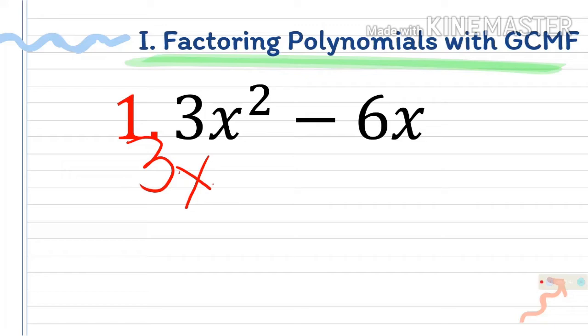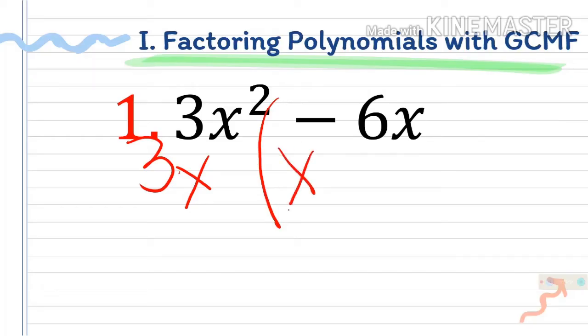As I have said earlier, factoring is a reverse process of finding the products. So therefore, you are going to express this as factors. For you to find the second factor, you are going to use division because you are going to find the quotient. So you have 3x squared divided by the GCMF 3x, so you have x.